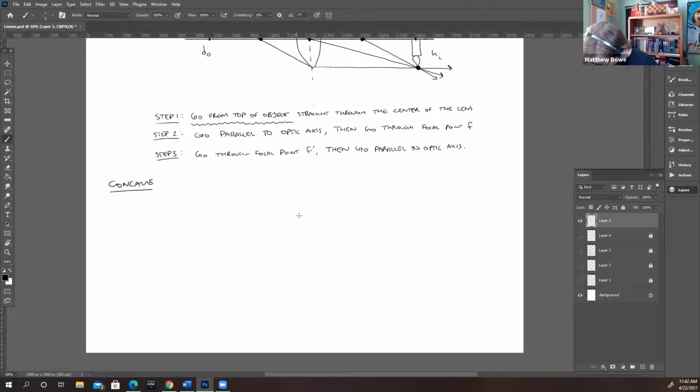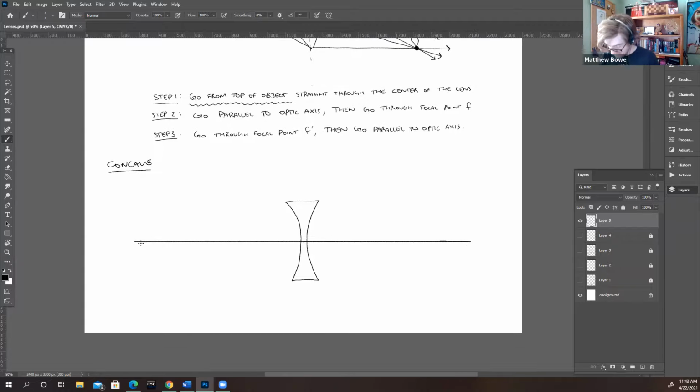That one, just very quickly try to get one of them. That's pretty good. Looks like an hourglass. There's the optic axis. Since it's symmetric about the center, we'd expect two focal points. Say one's right there, and we'll say the other one is right here.